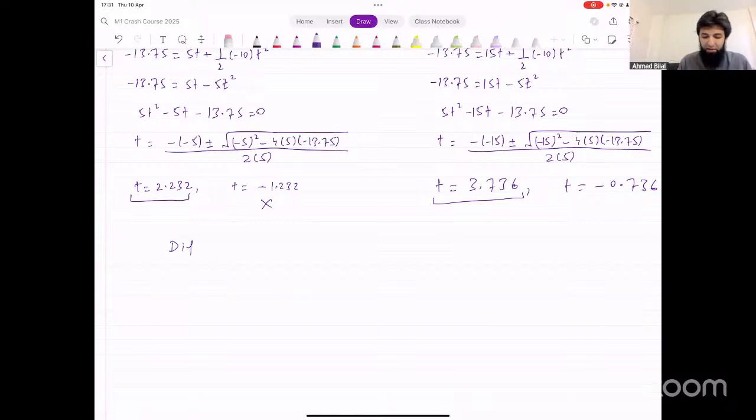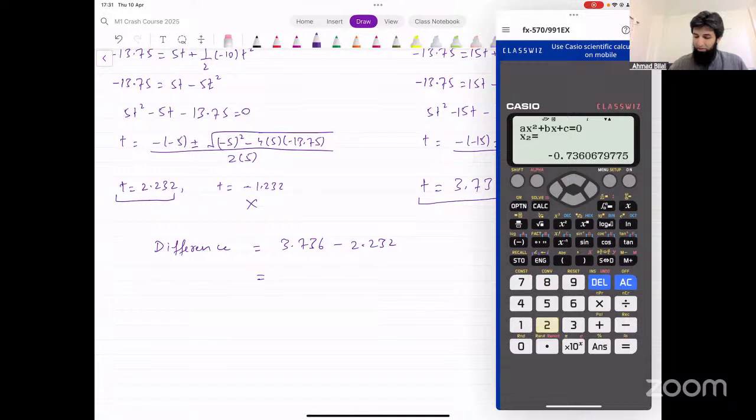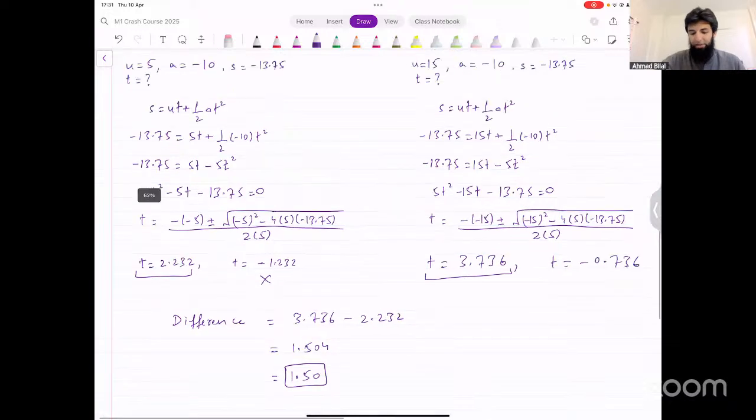The difference is 3.736 minus 2.232, and that gives us 1.504. To three significant figures, that would be 1.50. That's the difference between the two possible times that C hits the ground.